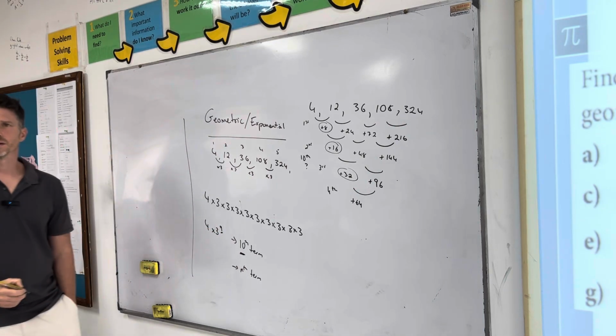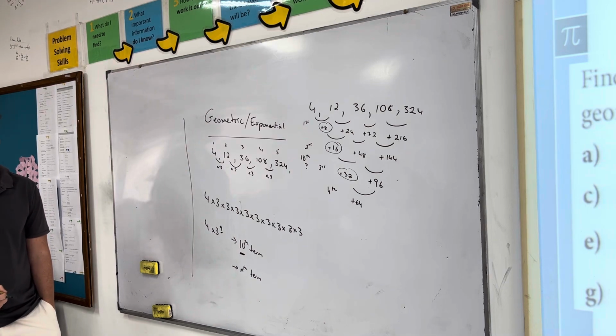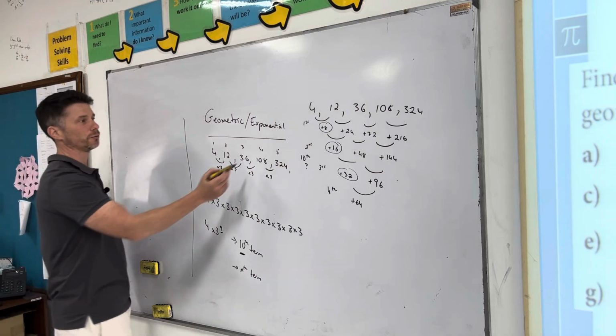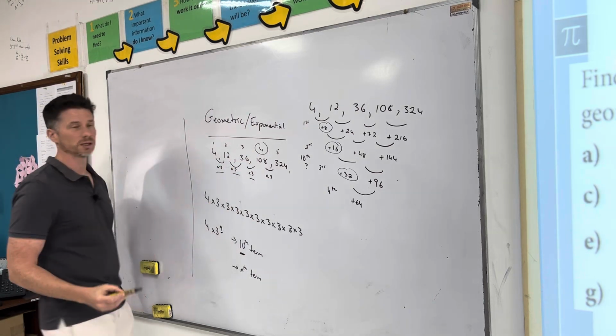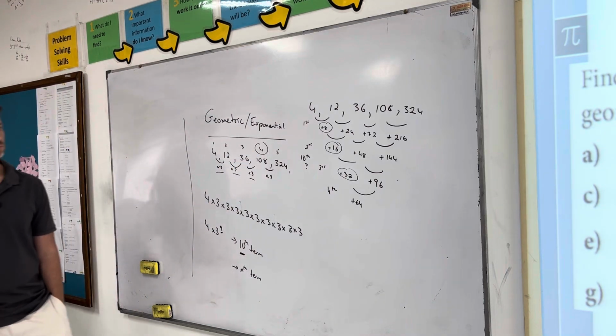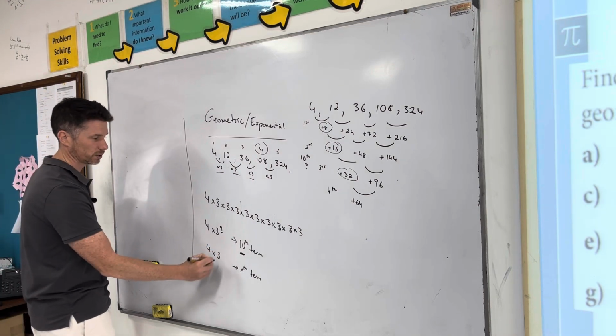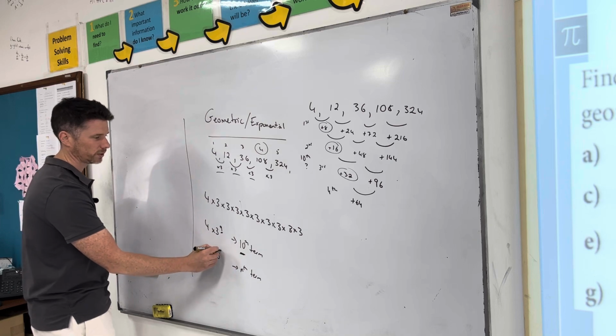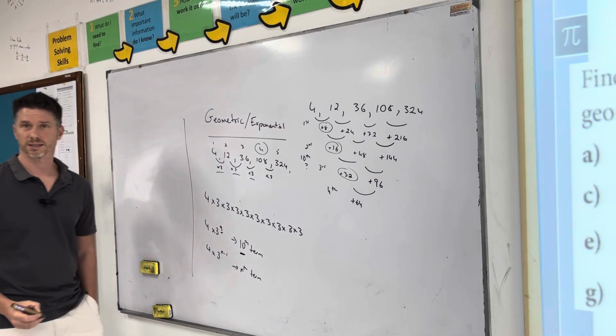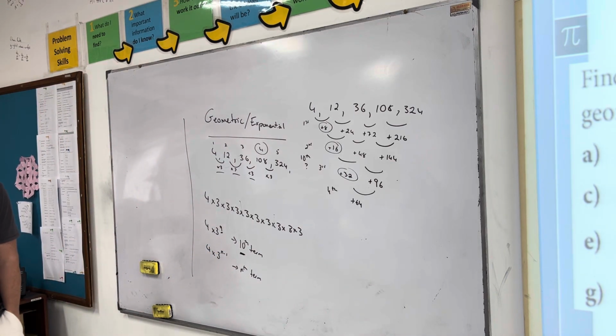It's n minus 1. Yeah, it's 1 less, isn't it? It's always going to be 1 less. So if we want the 4th term, we end up multiplying by 3 only 3 times. So the general term here is 4 times 3 to the power of n minus 1. 1 less than the term we're looking for.